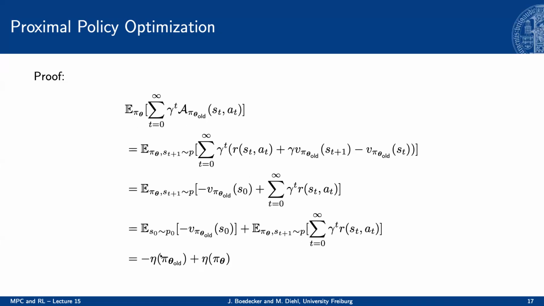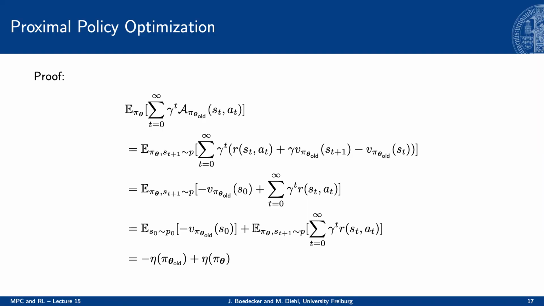That's what we need to show. And so we can first write this out a little bit more explicitly. So the expectation with respect to the actions sampled by your new policy, pi theta, and the next states as they come from the probability transition distribution of your environment.